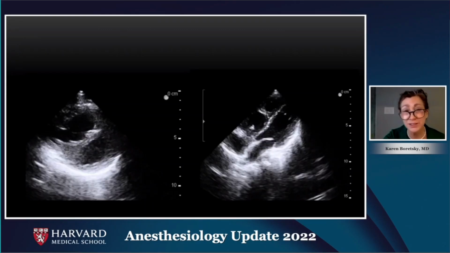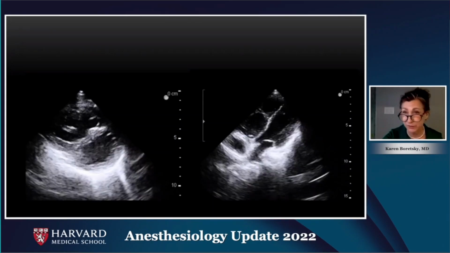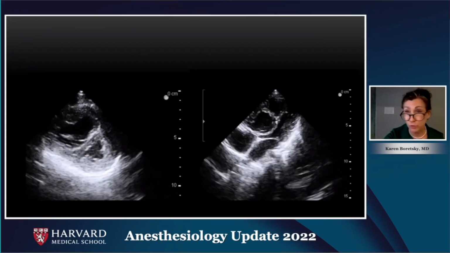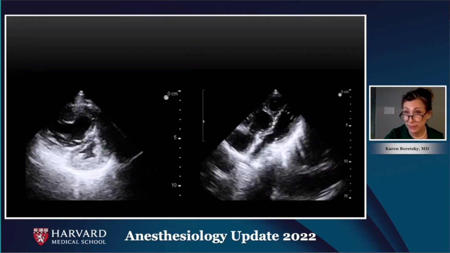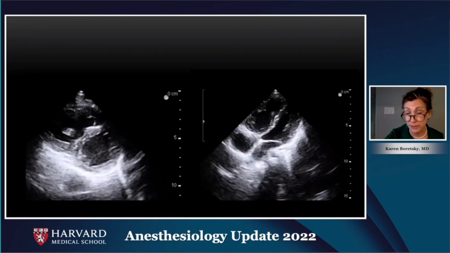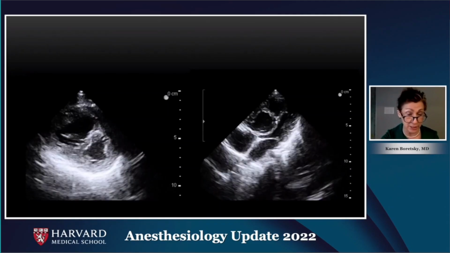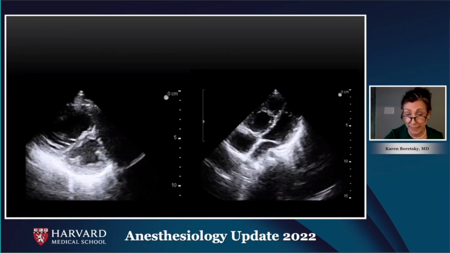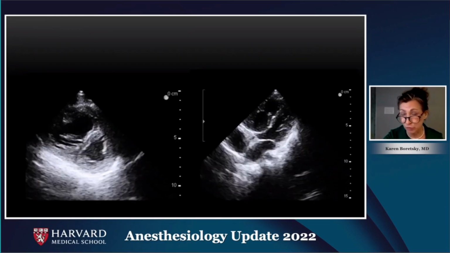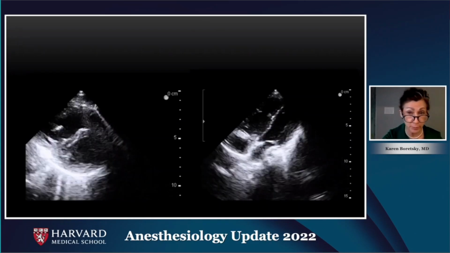He said, well, you really might need to worry about whether or not this child has had some kind of occult viral myocarditis. So we put the transducer on, did a TTE, and the left side is the parasternal short axis, and the right-sided picture is the apical four-chamber view.